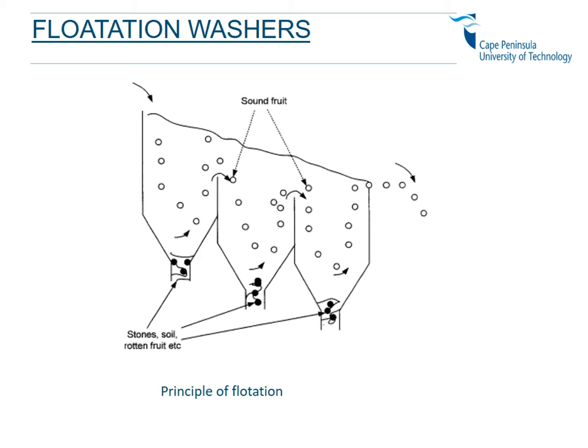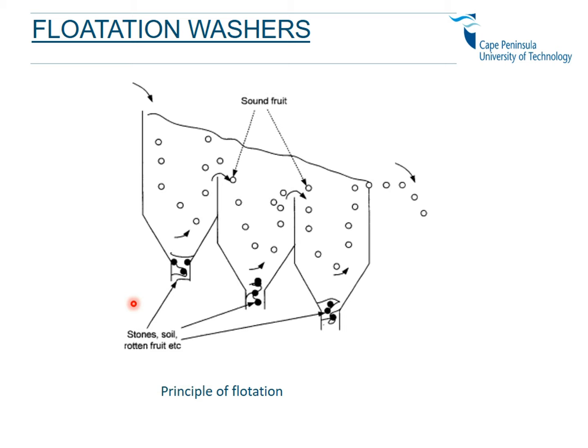Right, so the dirt here, if you look at this picture, the dirt which accumulates at the bottom is removed by fluming foods over a series of adjustable weirs. So there are weirs that are found here at the bottom. Here what accumulates is the stones, soil, and the rotten fruit. The adhering dirt is later removed by spray belt methods or vibrating conveyors.